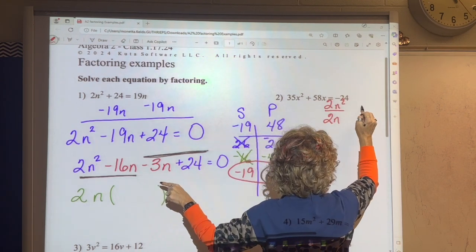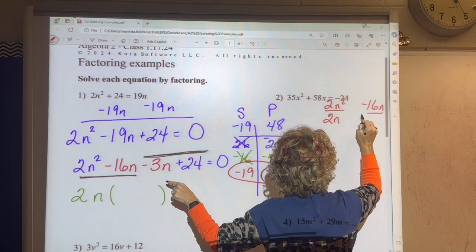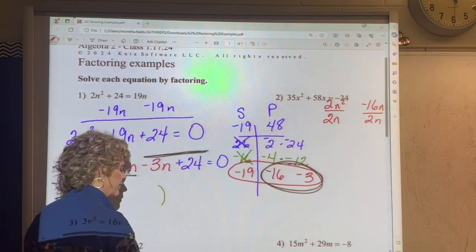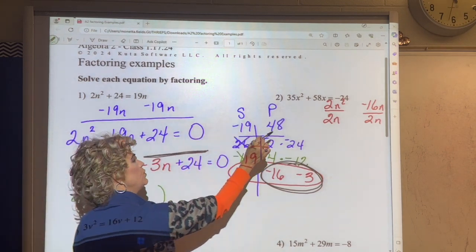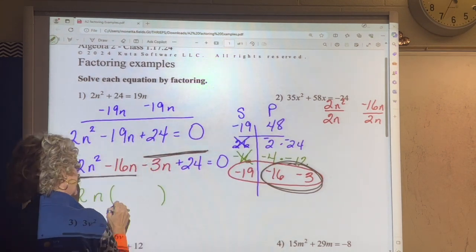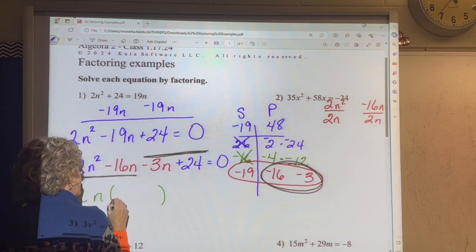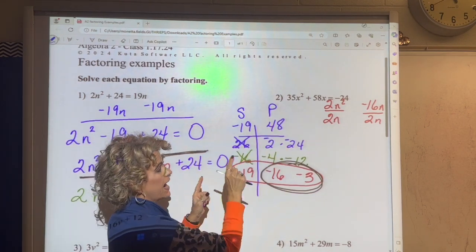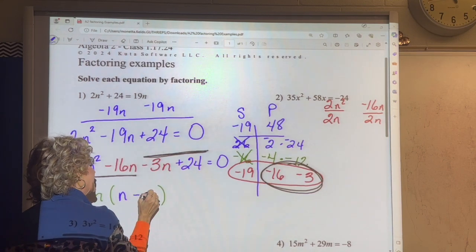I'm also taking a negative 16n and dividing by 2n. That is what is going to go in the parentheses. So 2n squared divided by 2n is simply n. And a negative 16n divided by 2n is a negative 8.